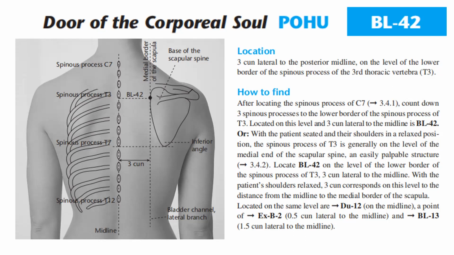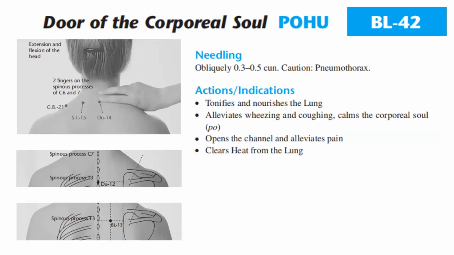With the patient's shoulder relaxed, 3 cun corresponds on this level to the distance from the midline to the medial border of the scapula. Located on the same level are GV12 on the midline, a point of EX-B2, 0.5 cun lateral to the midline, and Bladder 13, 1.5 cun lateral to the midline.